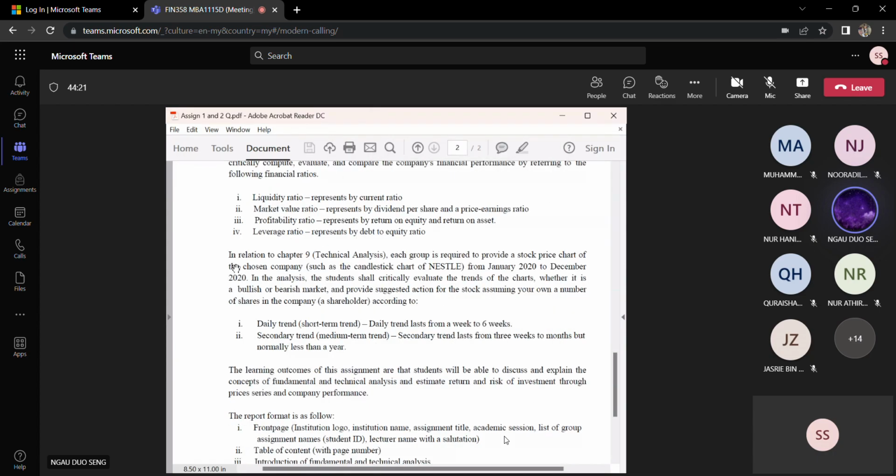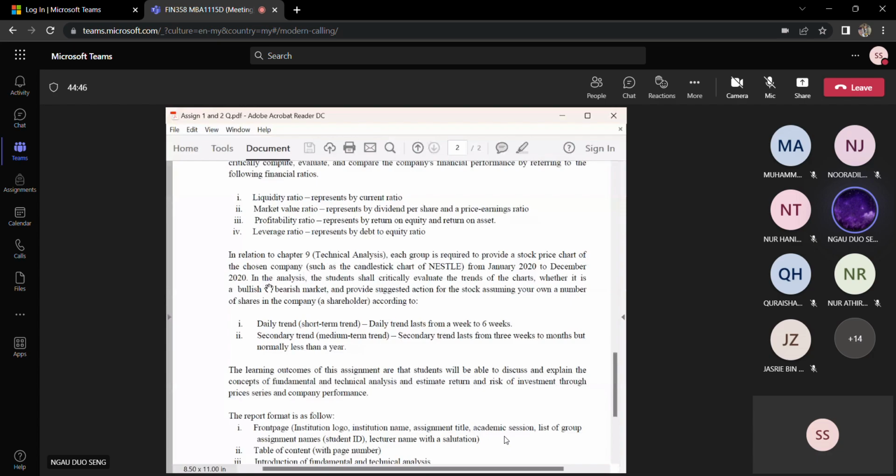In relation to Chapter 9, we have not discussed it yet, so we will discuss it later. Each group is required to provide a stock price chart for the chosen company from January 2021 to December 2021.